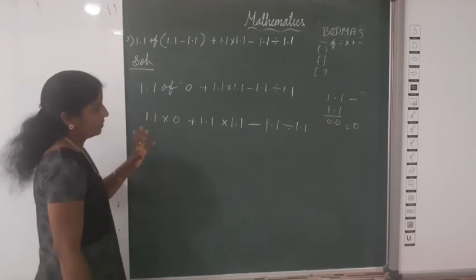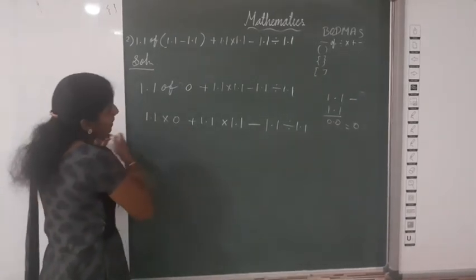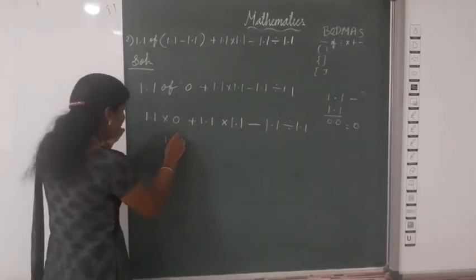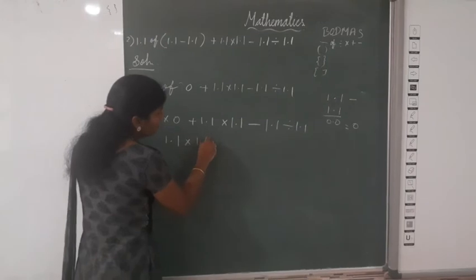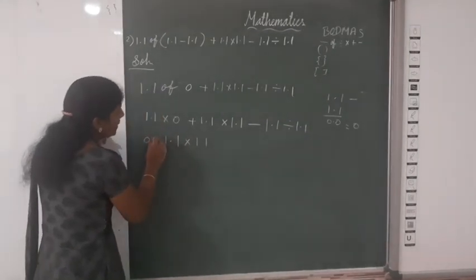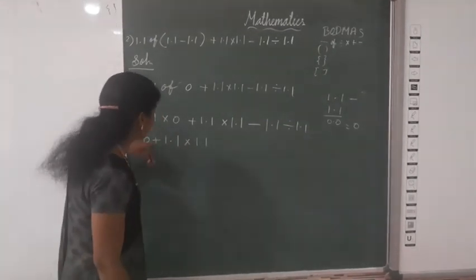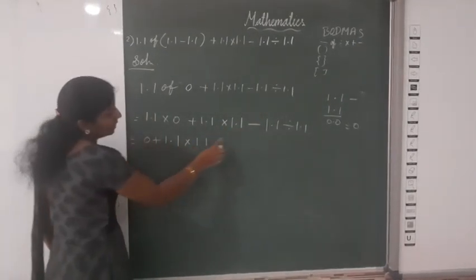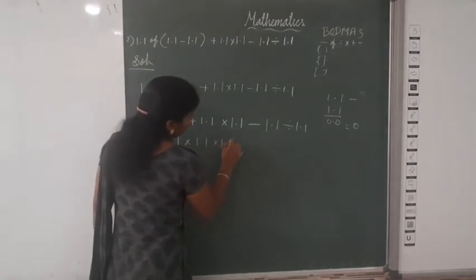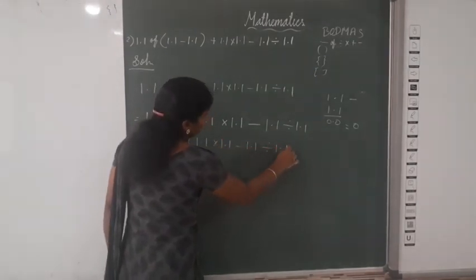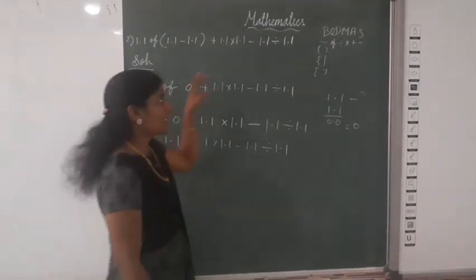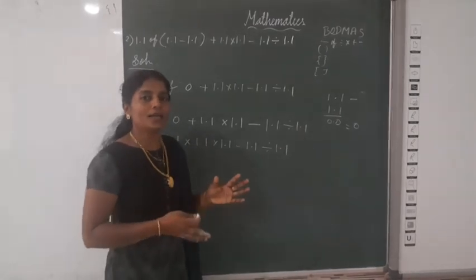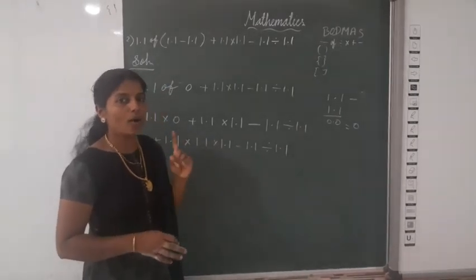So 1.1 into 0 is 0. We can remove this step. Now what do we have remaining? 1.1 into 1.1, otherwise we can write 0 plus 1.1 into 1.1 minus 1.1 divided by 1.1. Now bracket and of are over, then next preference for division. Any number divided by that number itself, the answer is 1, isn't it?